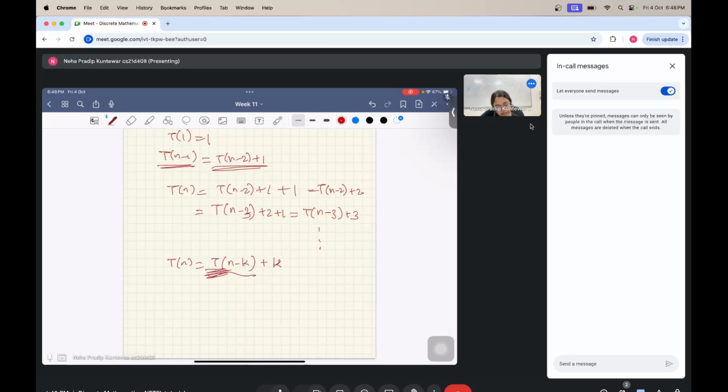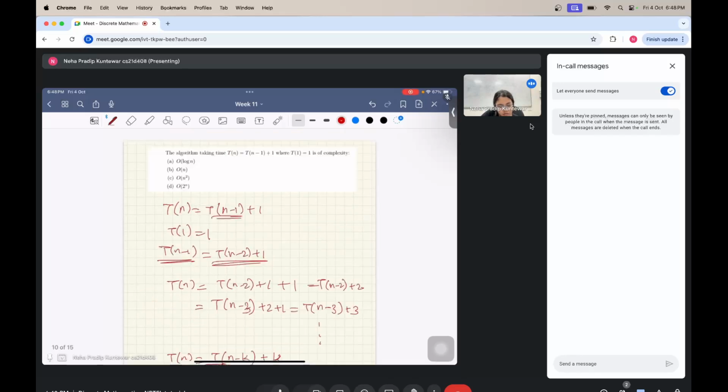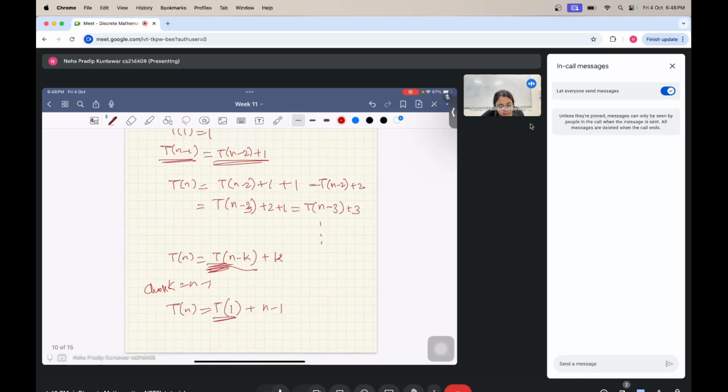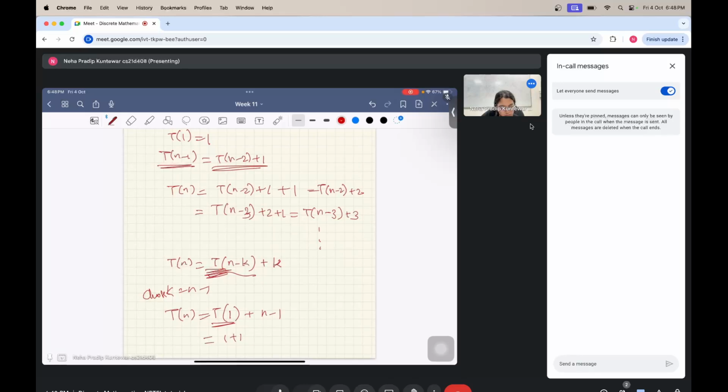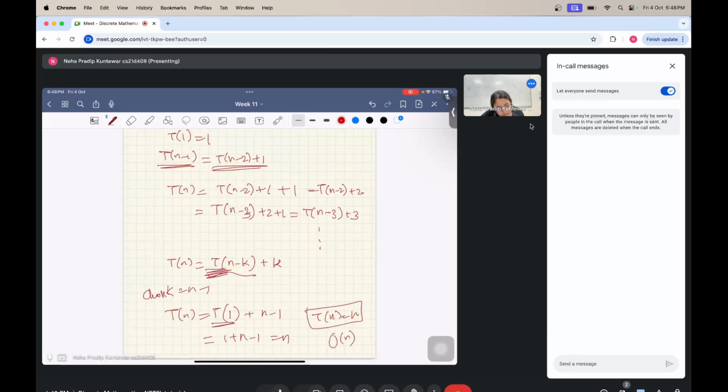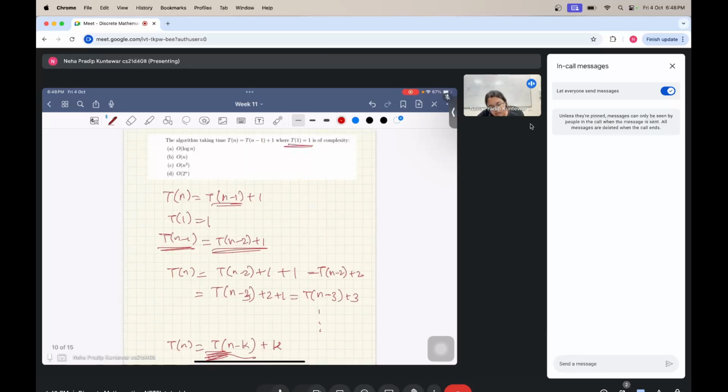If you choose k to be n minus 1, then t of n becomes t of 1 plus n minus 1, and we know that t of 1 is given to be 1 here, so I'll place it here. So this is 1 plus n minus 1, which is n. That gives you the answer, t of n is equal to n, which is order n. So the answer is B.